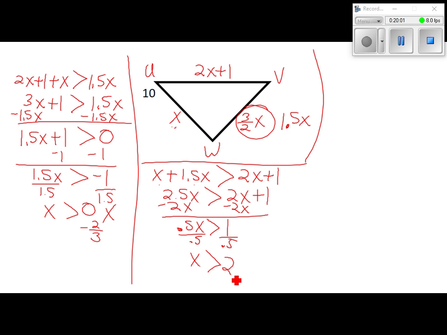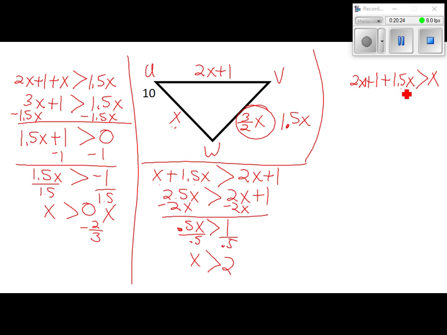Well, that helps us, so we know x has to be bigger than 2. Let's try the other sides. We got the 2x plus 1 plus the 1.5x, and that should be greater than just the x all by itself.